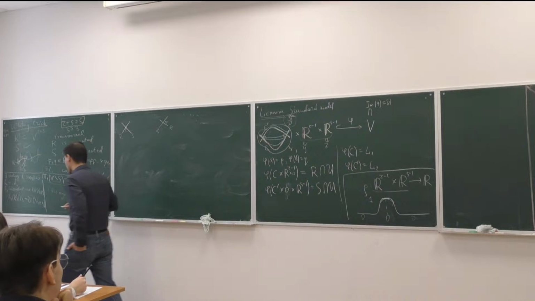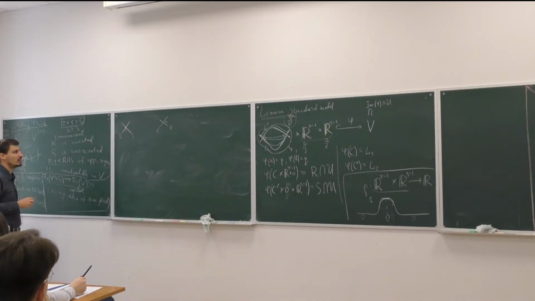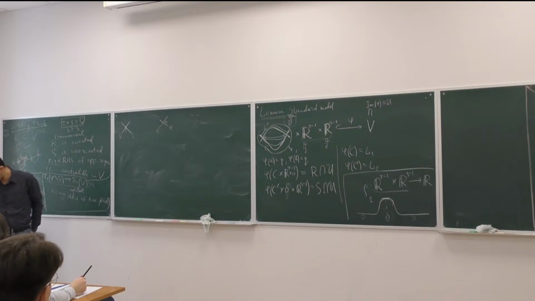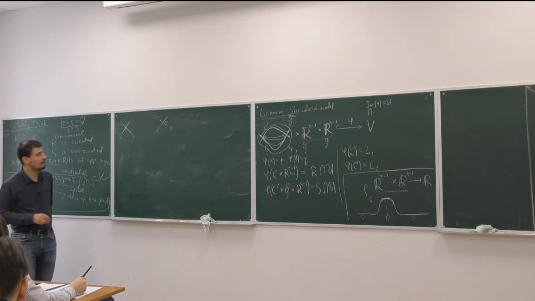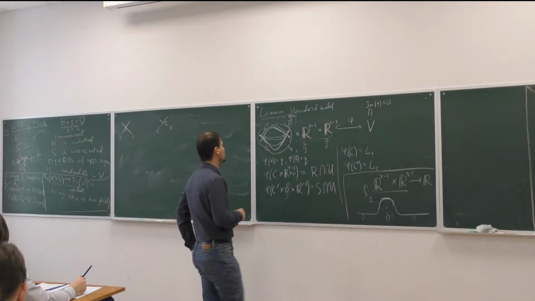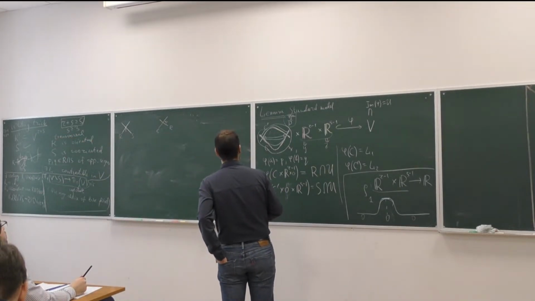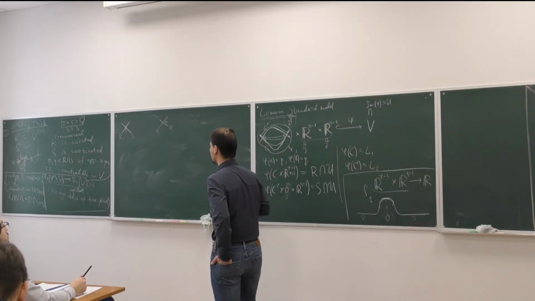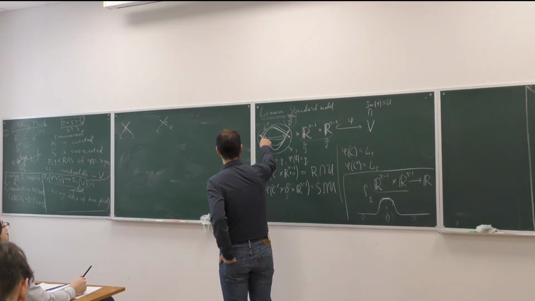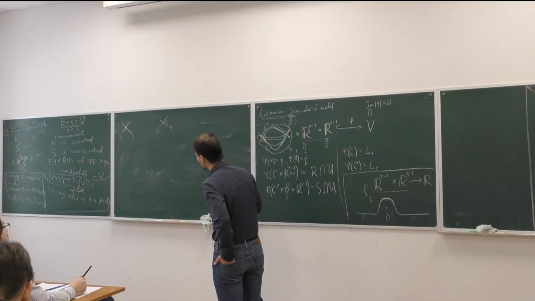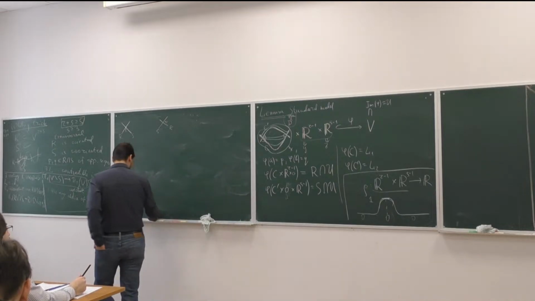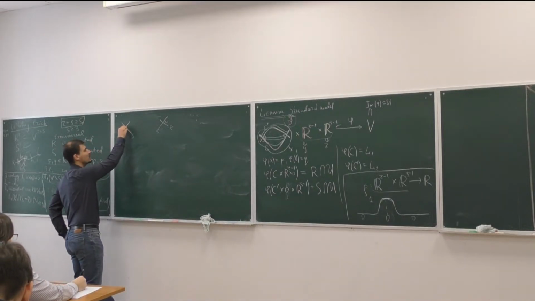So first, I want to say that we can define. Sorry. First, let us look at a point A. First, I want to define phi in the neighborhood of A. In the neighborhood of A, I just choose one straight.